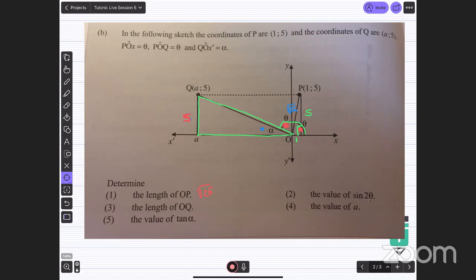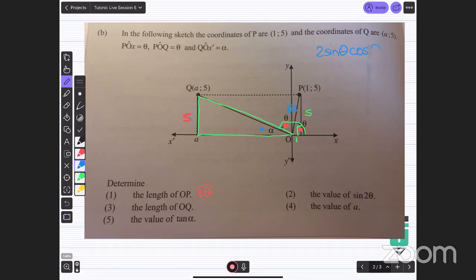So I get what you're saying, you think maybe let's change it to an identity, right? Or could we work out alpha, then say 180 minus alpha, then work out 2 theta? We can do both ways. Let's see. Do you agree that sine 2 theta is just 2 sine theta cos theta, right?